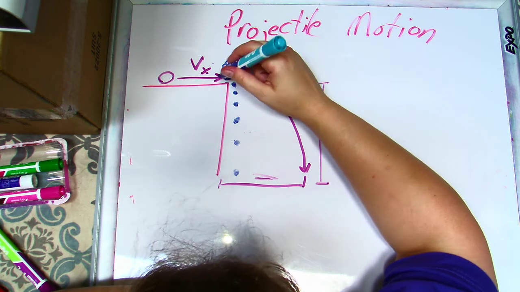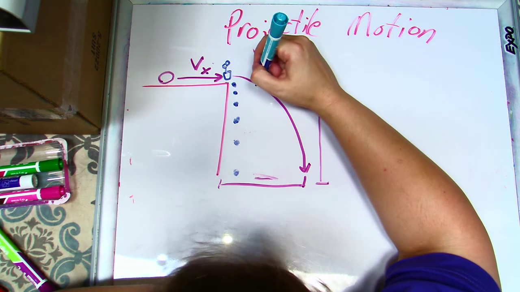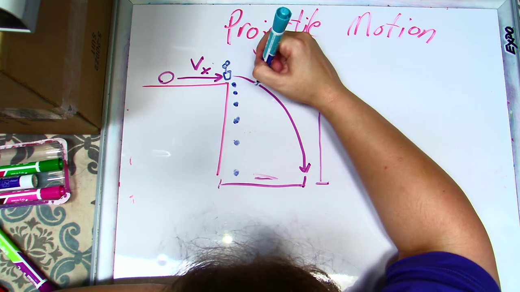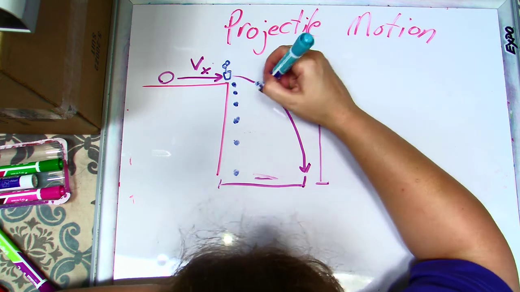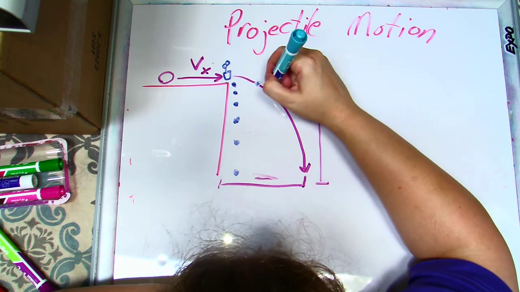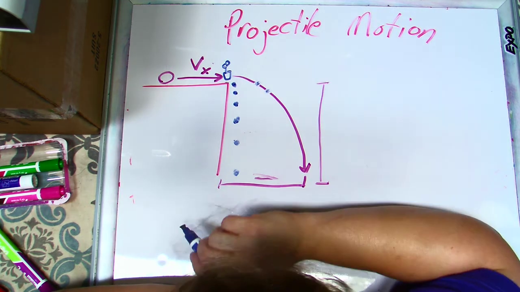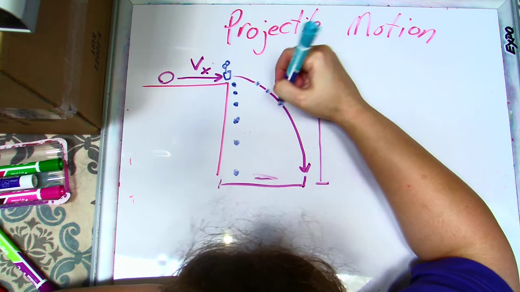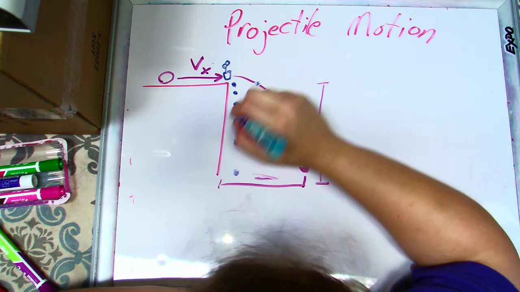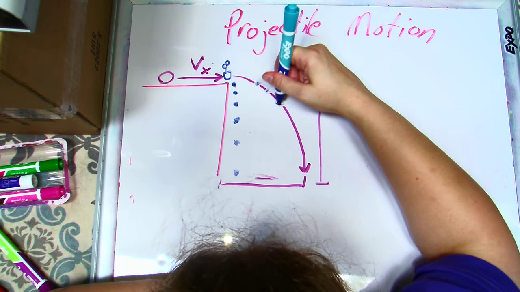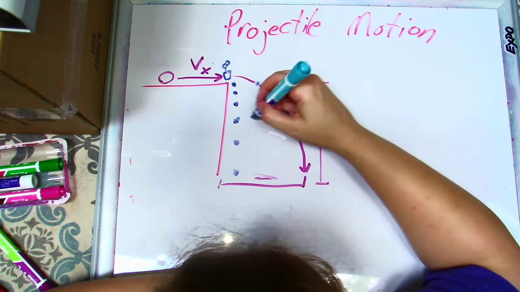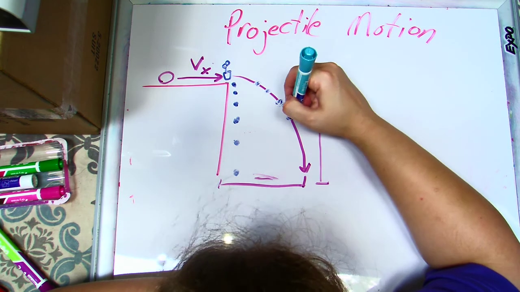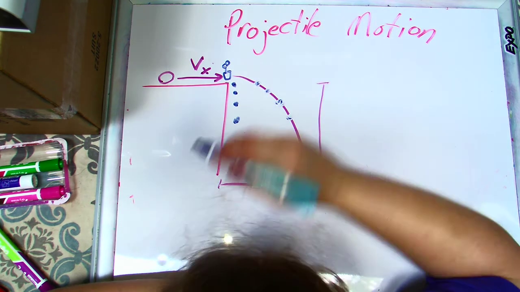Well, once this rolling ball leaves the table, it experiences the same constant acceleration downward due to gravity, because gravity is pulling it downward the same amount as the other object.